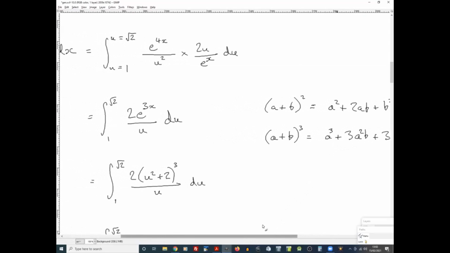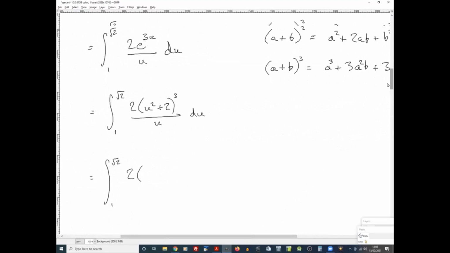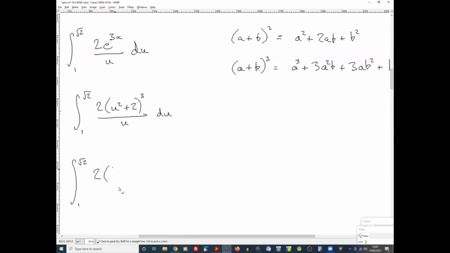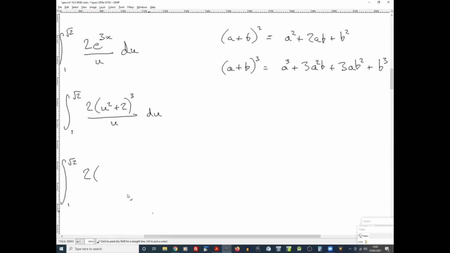So using that template, what do we get here? We get 2 times, and then inside. So notice that I've used a 2. I'm setting out one large pair of brackets for all of that. Outside it. So be aware of that. U to the 6. Yeah.